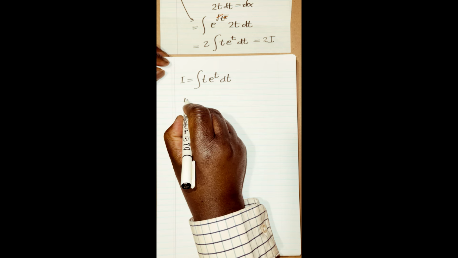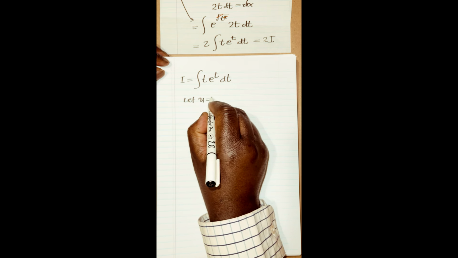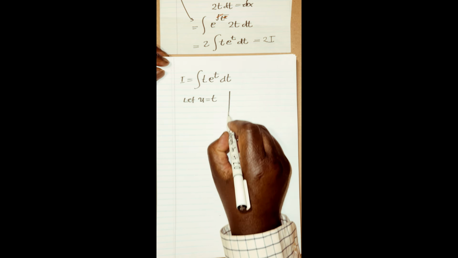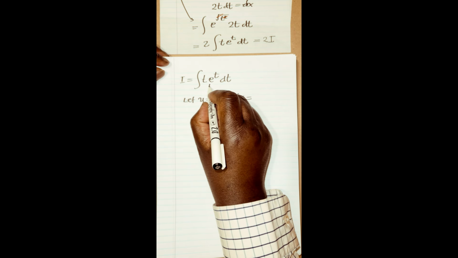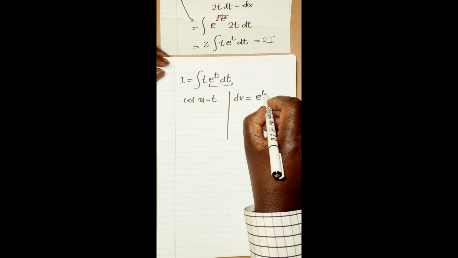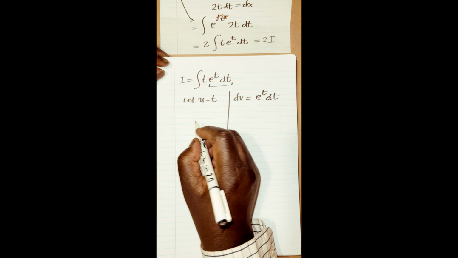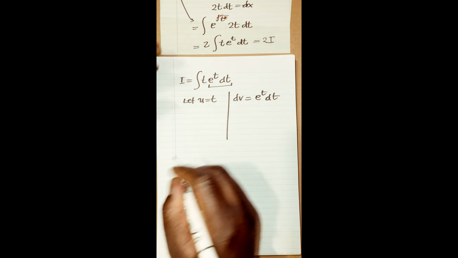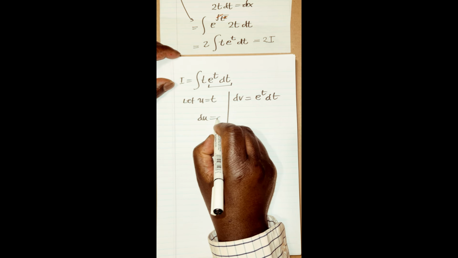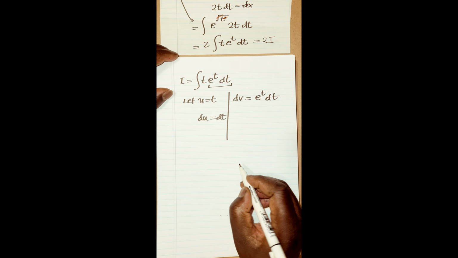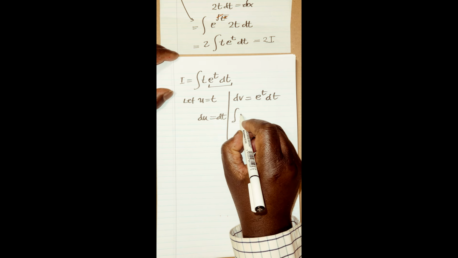Now we're going to let u be equal to t on one side. On the other side, we're going to let dv equal to this part here, e to the power t dt. Differentiating both sides, we just have du is equal to dt. On the right hand side, we integrate both sides.